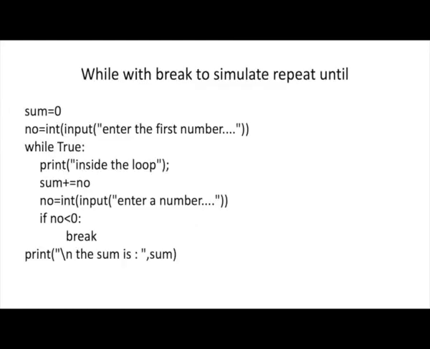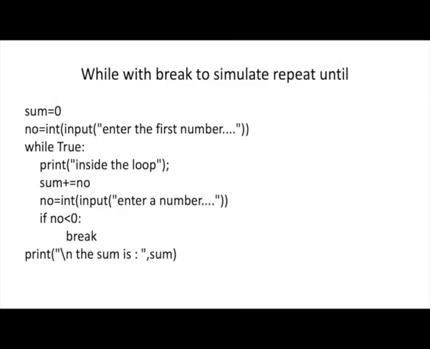Here we see Python code to sum a set of numbers which we get from the user. We create a variable called sum and initialize it to 0, then we get the input from the user through the input function, convert it to integer and put it in the variable no, and we enter a loop while True.